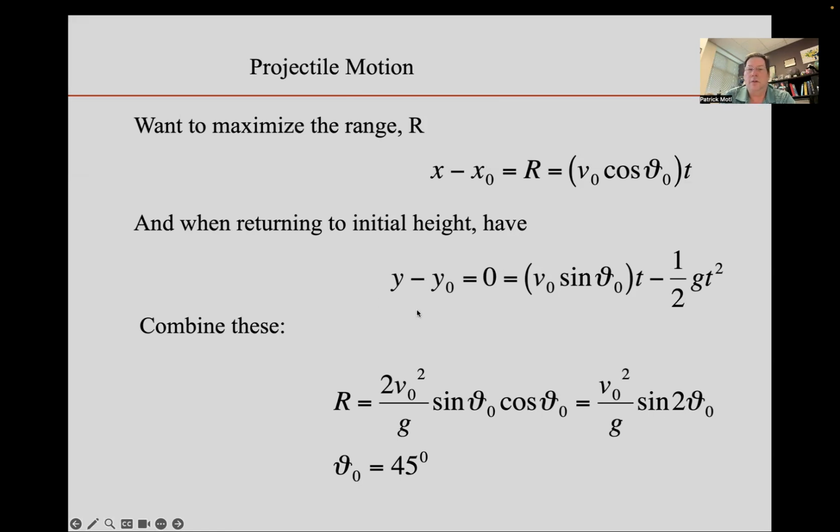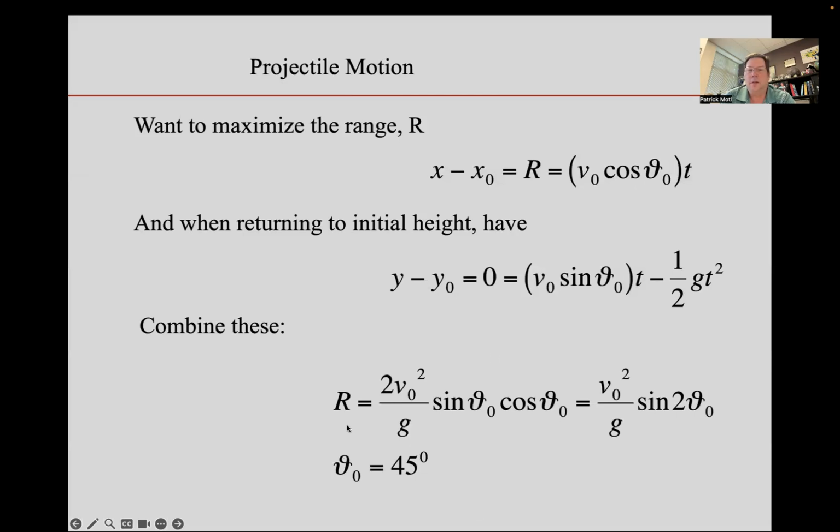That vertical displacement is 0, giving us another equation that we can use. And we combine those equations together to give an equation for the range. Basically, you are getting the time out of the vertical displacement equation and substituting it into the horizontal displacement equation.